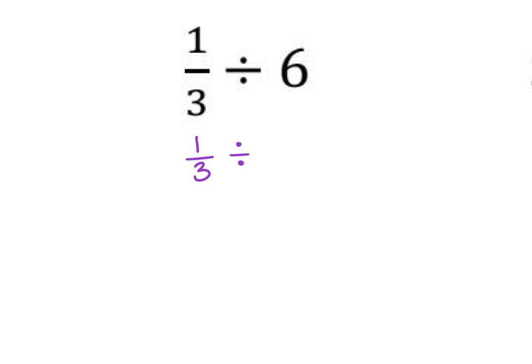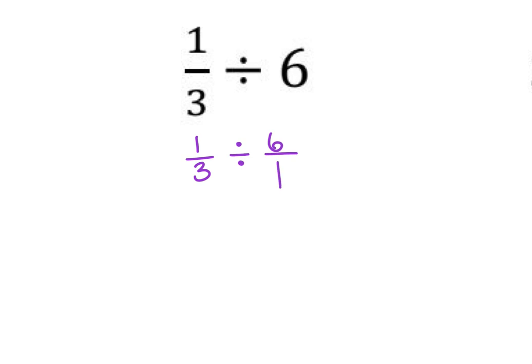We know we can't leave that whole number a whole number. We have to turn it into a fraction. So who remembers what 6 looks like as a fraction? 6 over what? Hopefully you're not saying 6 over 6. 6 over 6 equals 1. We need it to equal 6. All right, 6 over 1.